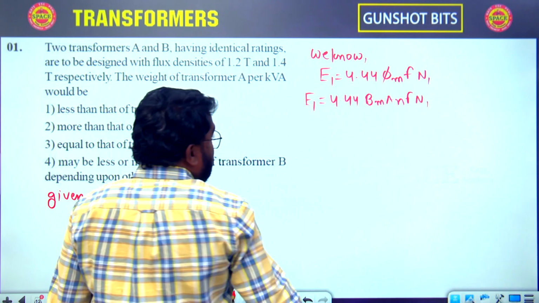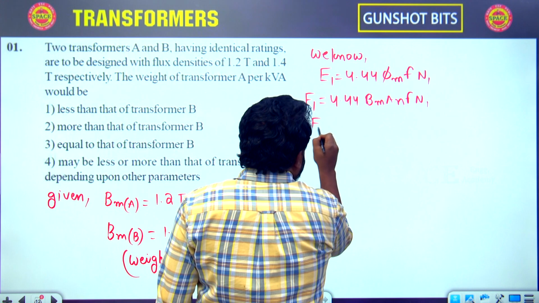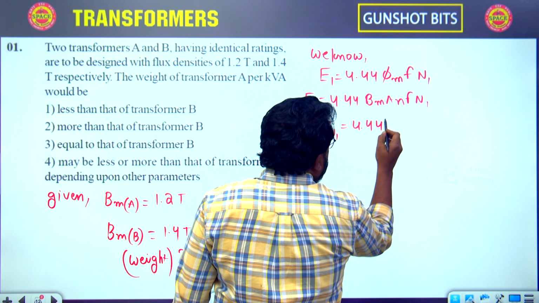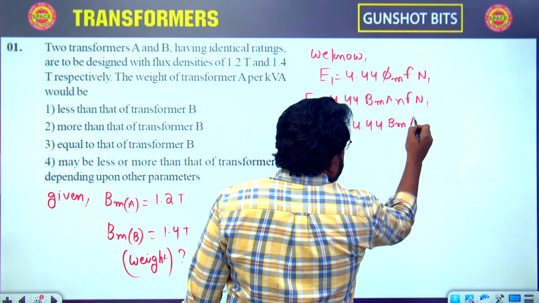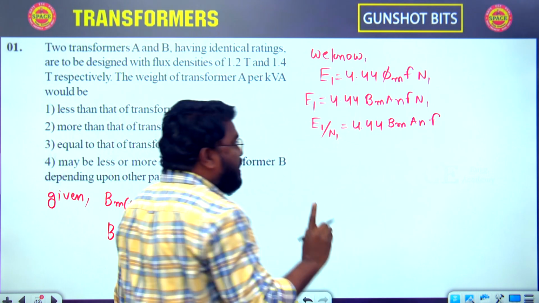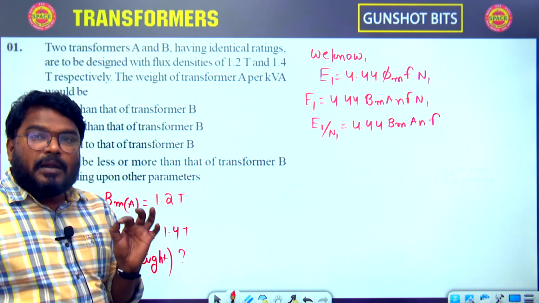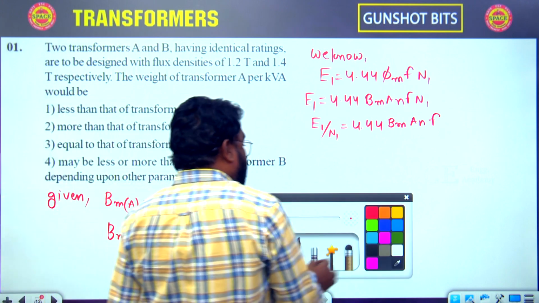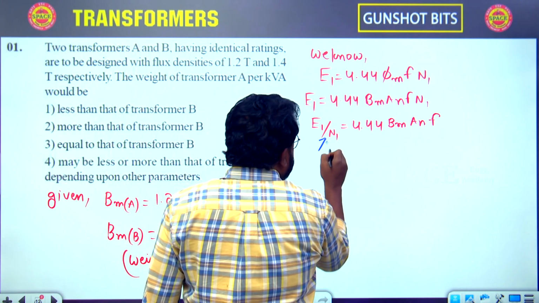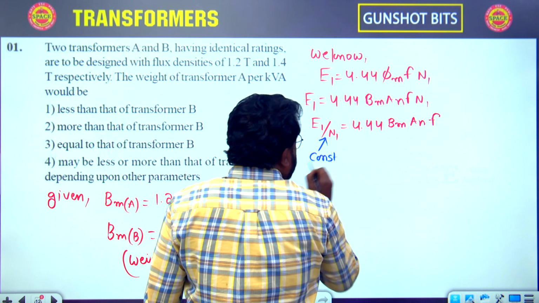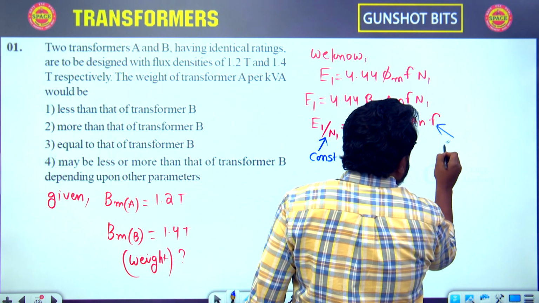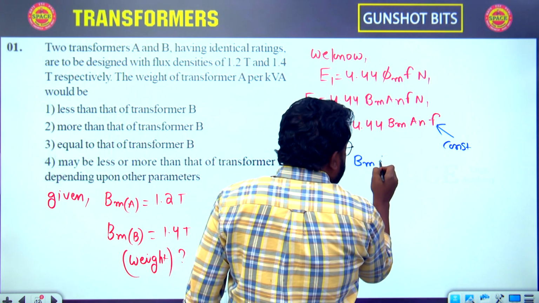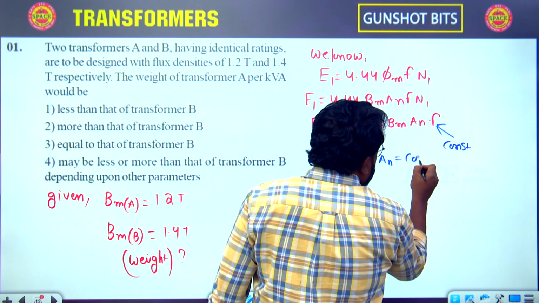In a transformer the EMF per turn ratio is constant from the primary winding to the secondary winding, and the frequency is also constant. The remaining term, B_max An, is therefore equal to some constant.